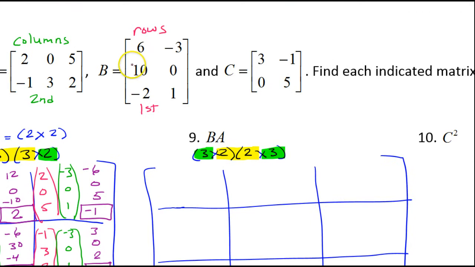So remember, my rows are going to all come from matrix B. So if I want to find the entries that are in the first row, they will all involve multiplication by the first row. So that's why all of these entries will have 6, -3 as a factor. So I'll just put 6, -3 for every entry in this row.